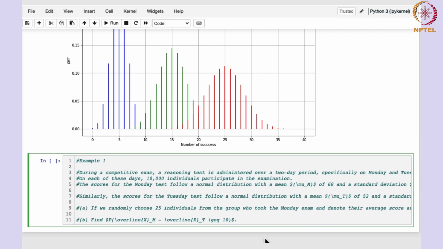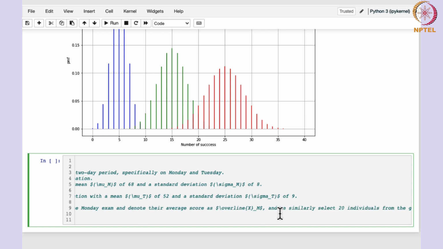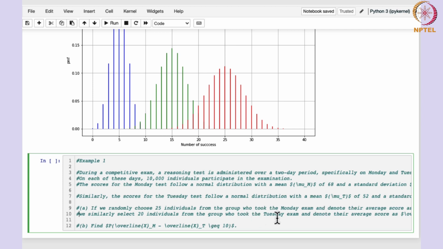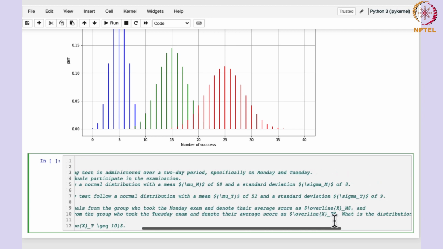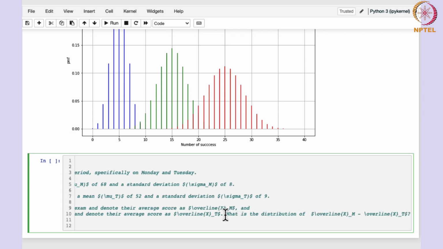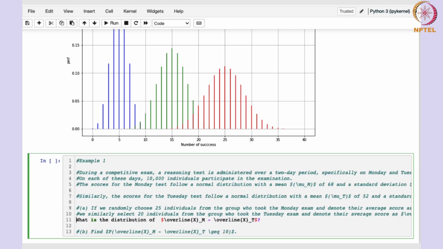We randomly choose 25 individuals from those who gave the exam on Monday, and we select 20 individuals from the group who took the Tuesday exam, and denote their scores as this. So what is the distribution of this difference of the sample means?